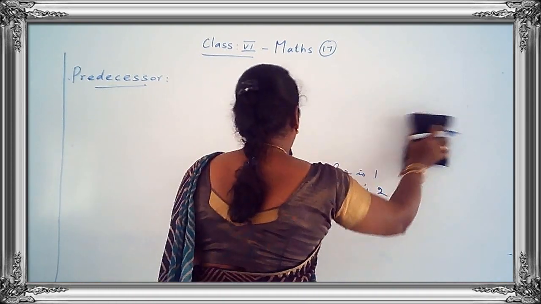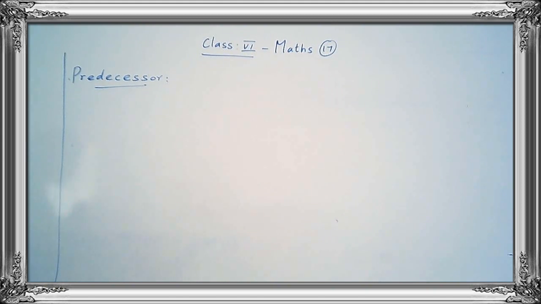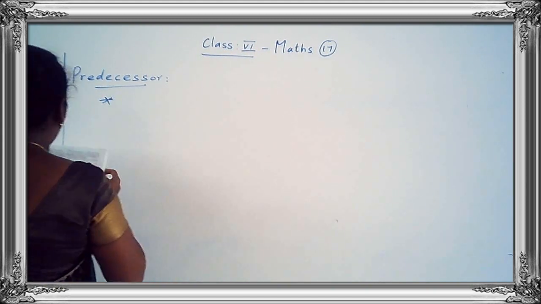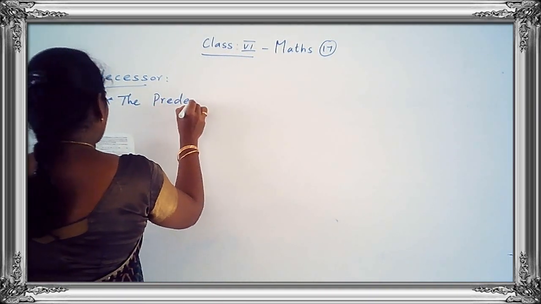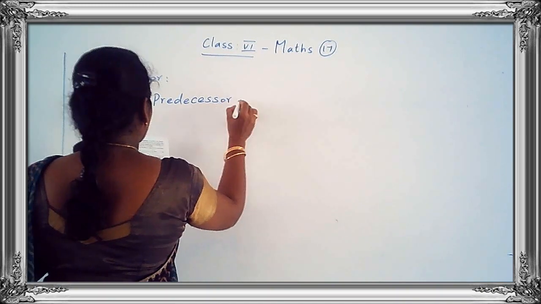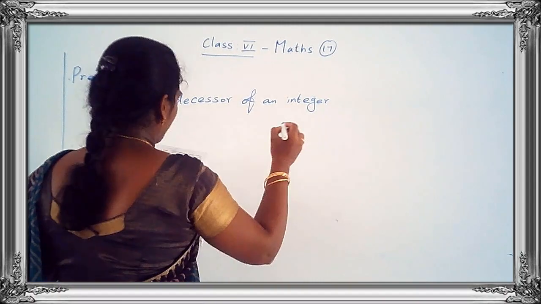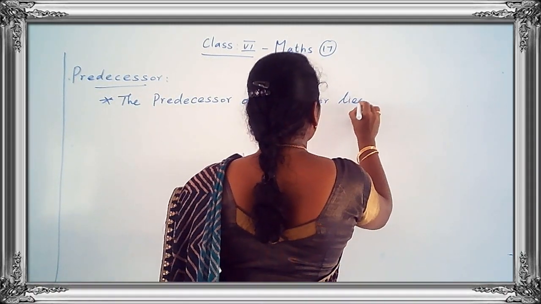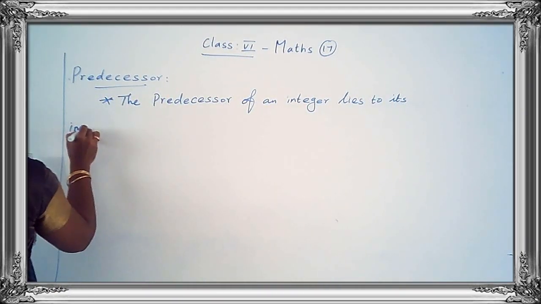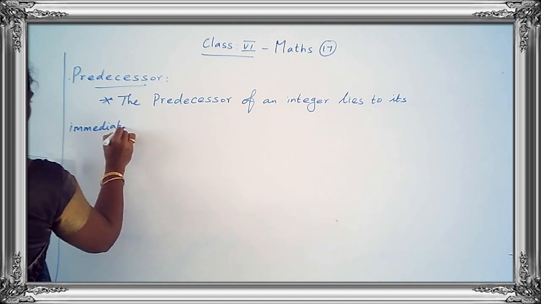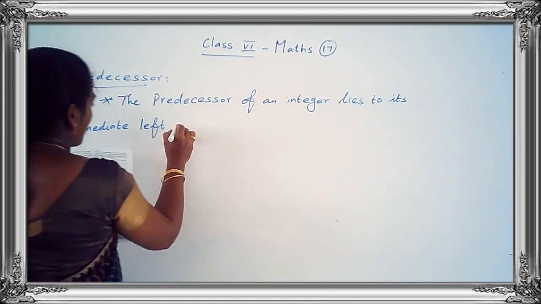Okay, predecessor. You write the heading predecessor. Which one is called predecessor? The predecessor of an integer lies to its immediate left on the number line.